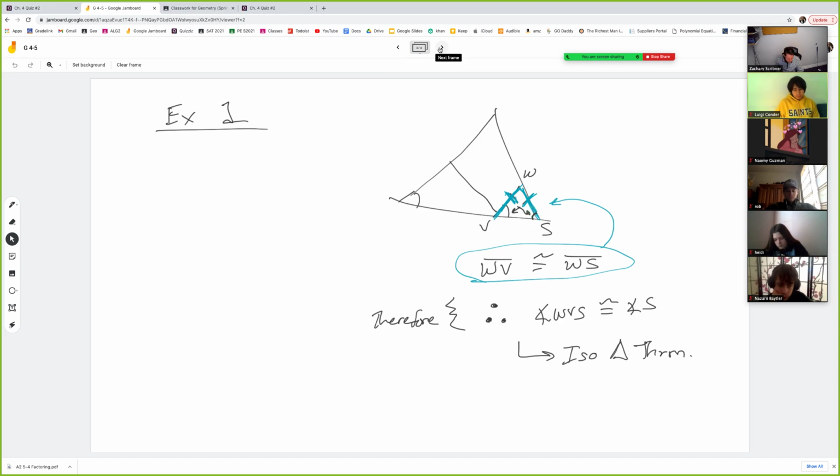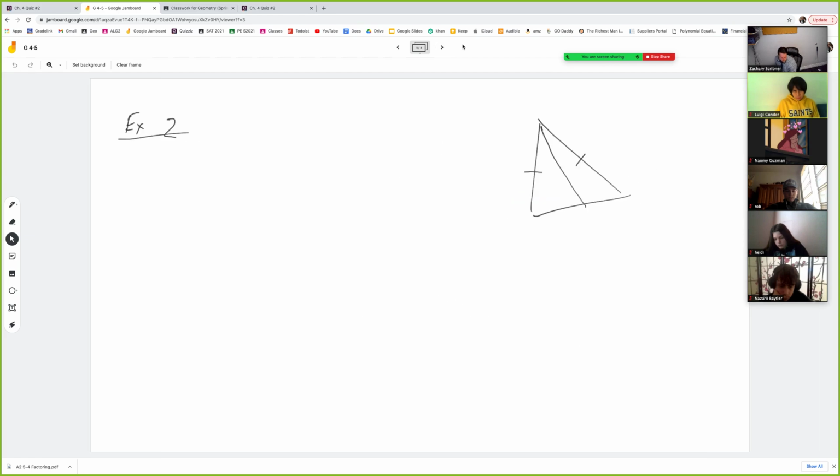Example 2 is, again, on page 229. All right? Find the value of y. So now we are going to use the isosceles triangle theorem to solve this equation, okay? So we have two sides that are congruent, okay?